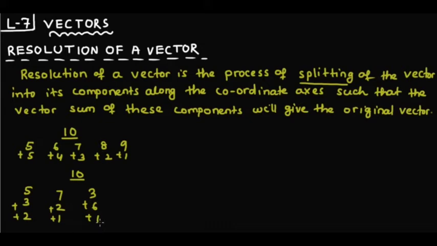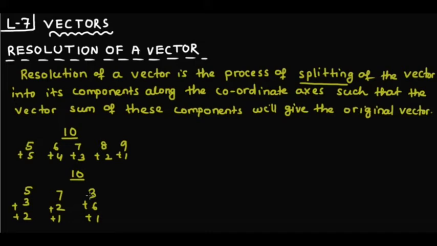So in many ways you can split the number 10 into three components such that the addition of these three components will give you the original number 10. So this is the splitting of a number or splitting of a scalar.